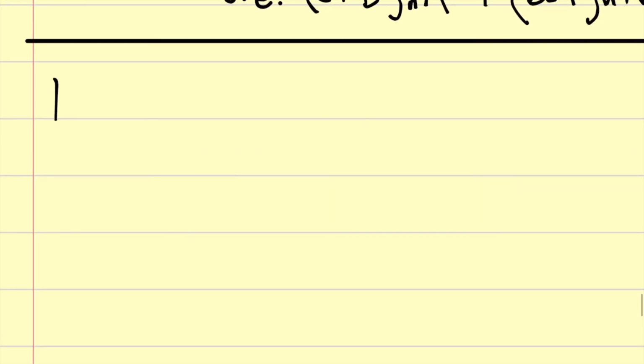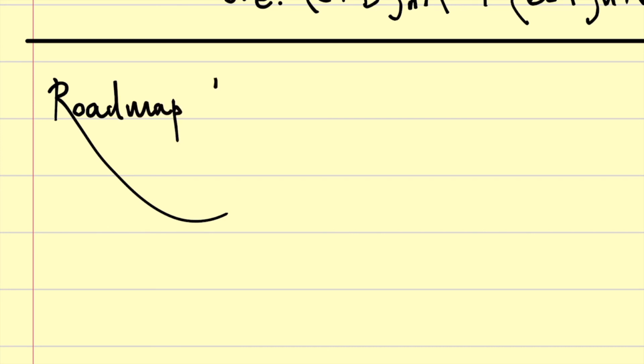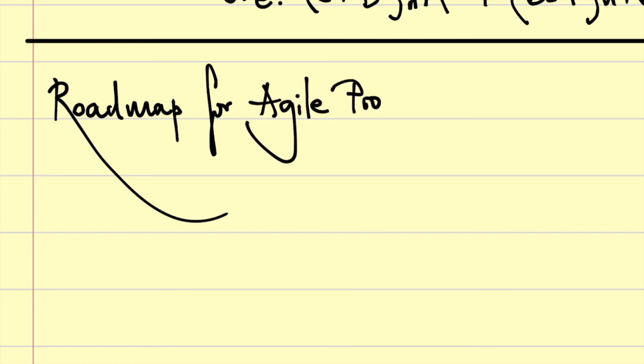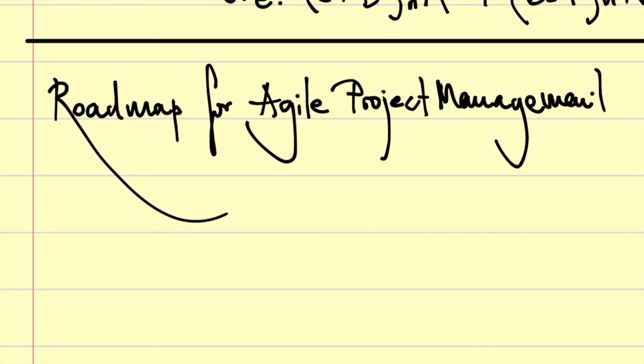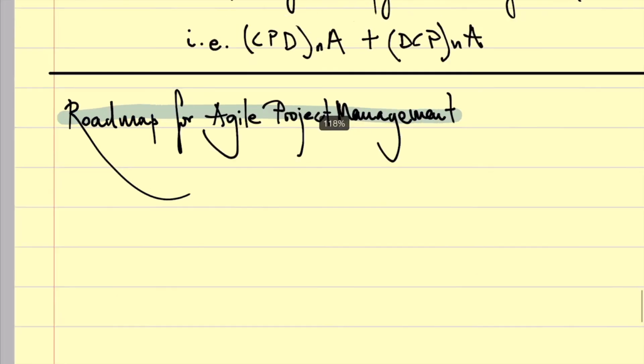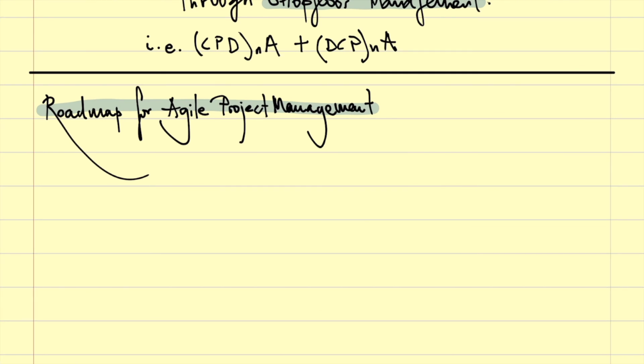The roadmap for agile project management. Let me give you a little roadmap. It can be put like this in, let's say, 6 steps, 7 steps, I guess.